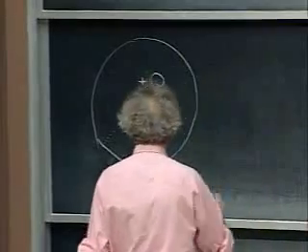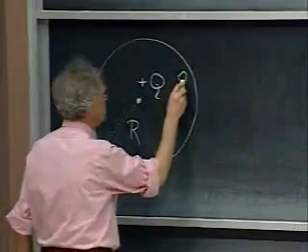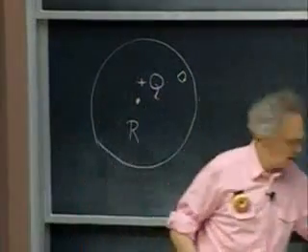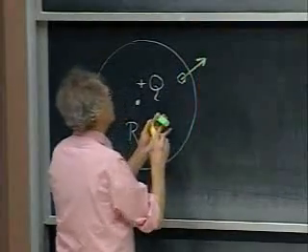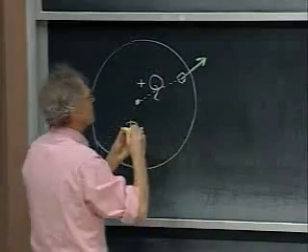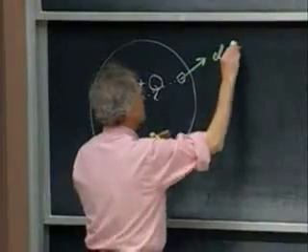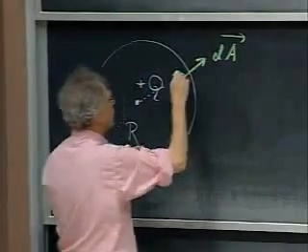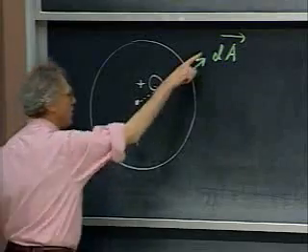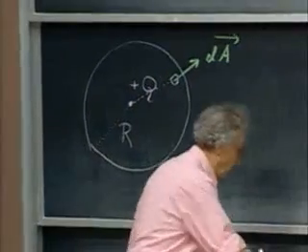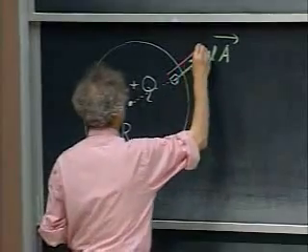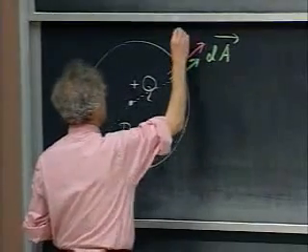Well, I pick a small element dA here, and that element dA is radially outward. dA. This is the normal to that surface, so that is radial. The electric field at that point is also radial. We have dealt with that before.